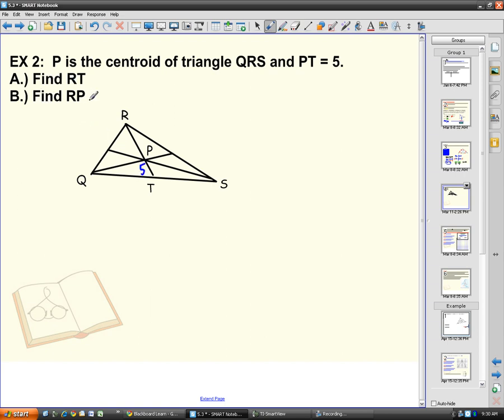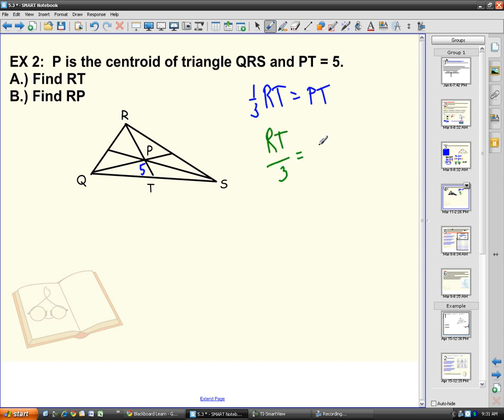Alright, so what I would do is, since I know that the small piece is really 1/3 of the whole length, I'm going to say, well, 1/3 of RT needs to equal PT. So I plug in what I know. I know that RT divided by 3 is really 1/3 of that. It should equal 5.